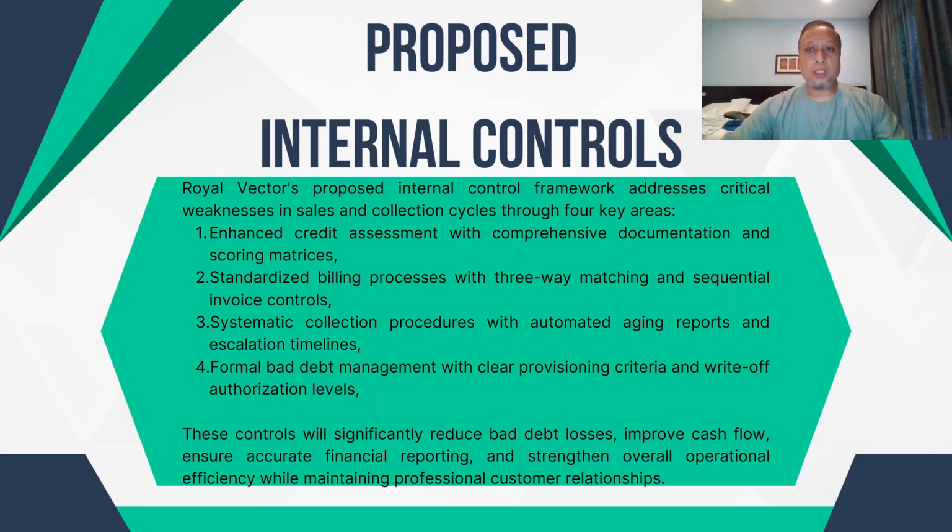Proposed internal controls. Royal Vector's proposed internal control framework addresses critical weaknesses in sales and collection cycles through 4 key areas: enhanced credit assessment with comprehensive documentation and scoring matrices, standardized billing processes, three-way matching and sequential invoice controls, systematic collection procedures with automated aging reports and escalation timelines, formal bad debt management with clear provisioning criteria and write-off authorization levels.